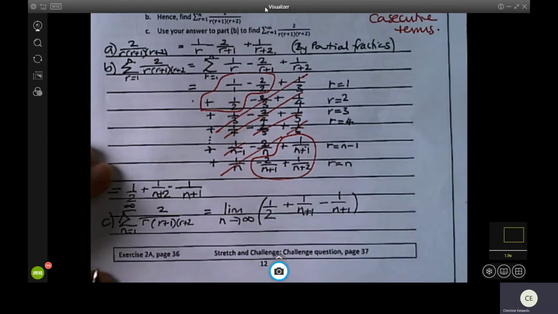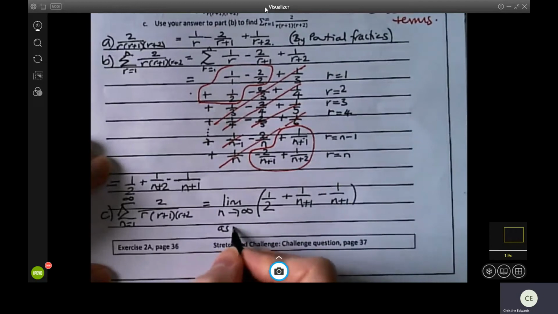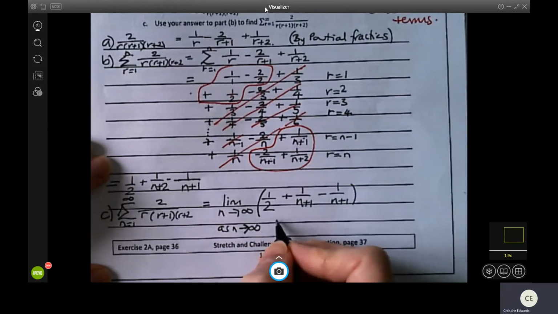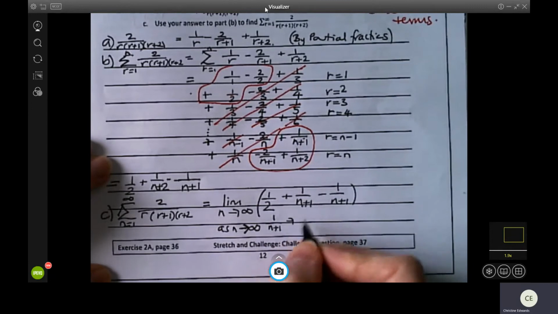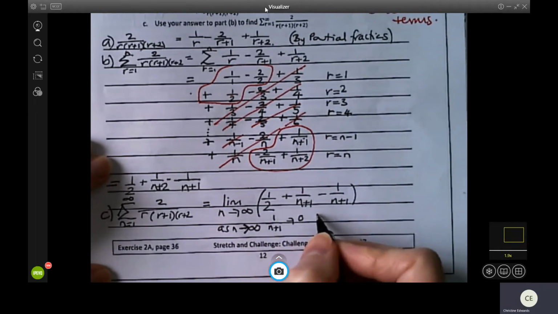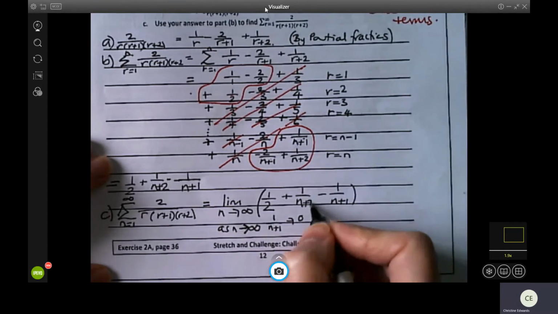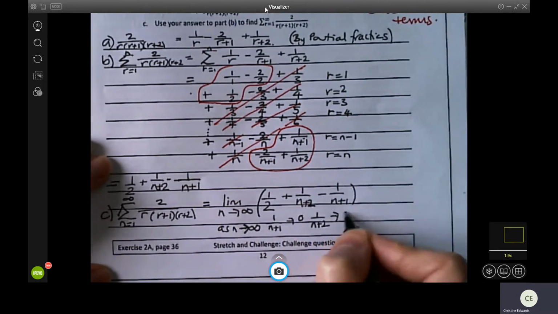Let's have a think about what goes on as n tends towards infinity. As n tends to, and this single arrow here tends to is formal maths, infinity. 1 over n plus 1 tends to 0. I've got a mistake there, that's a 2, and 1 over n plus 2 tends to 0.